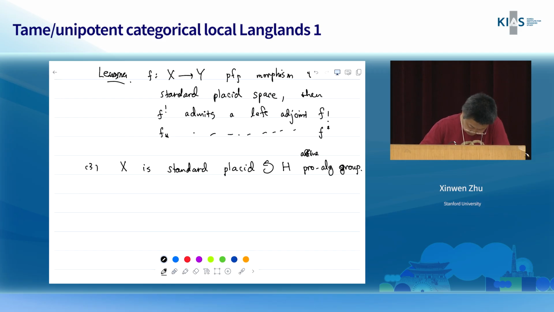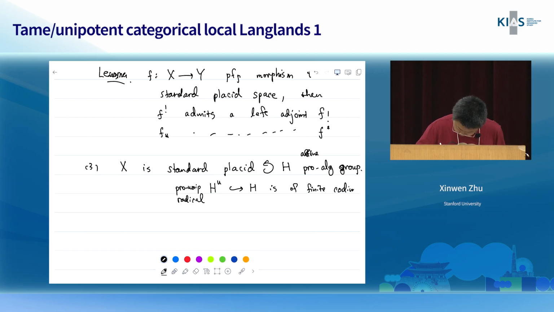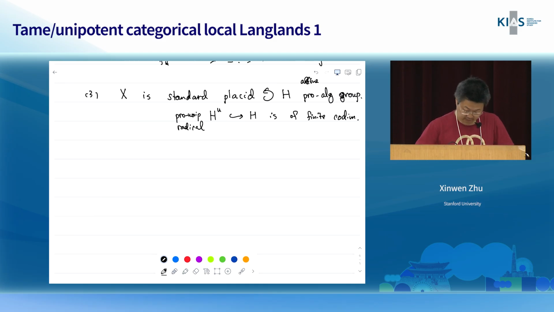In practice, this will be the positive loop group, L^+ of something. Suppose the pro-unipotent radical inside H is of finite codimension, so the quotient is a finite dimensional variety.